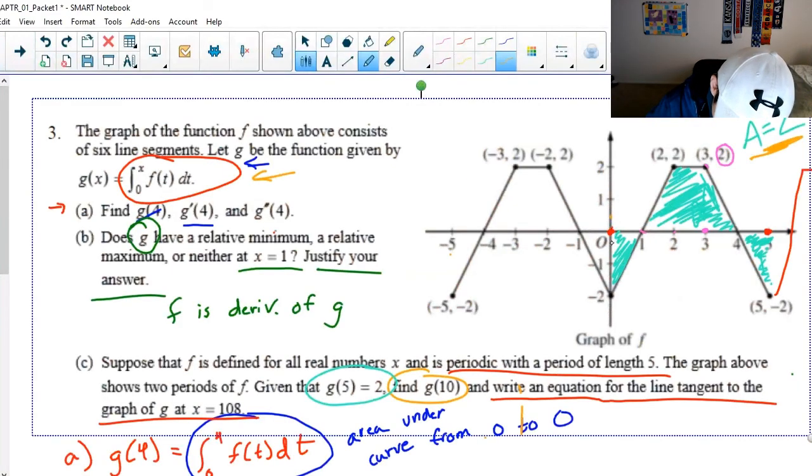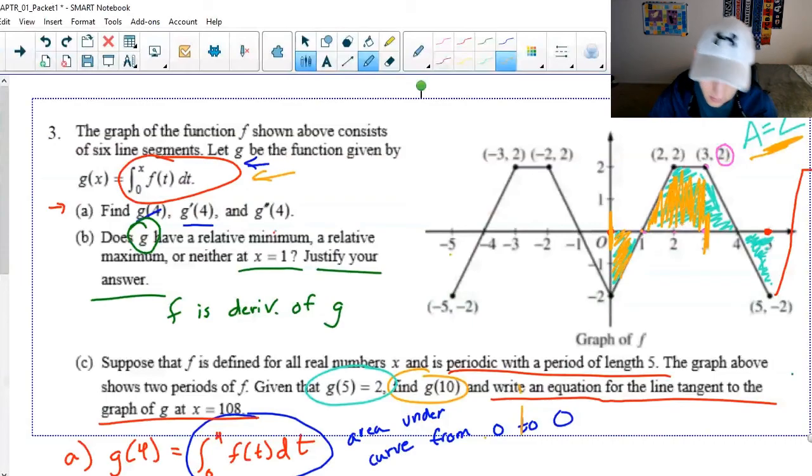The cycle starts at 105, and we go 106, 107, 108. Just that area from here to here, we can do area formulas.